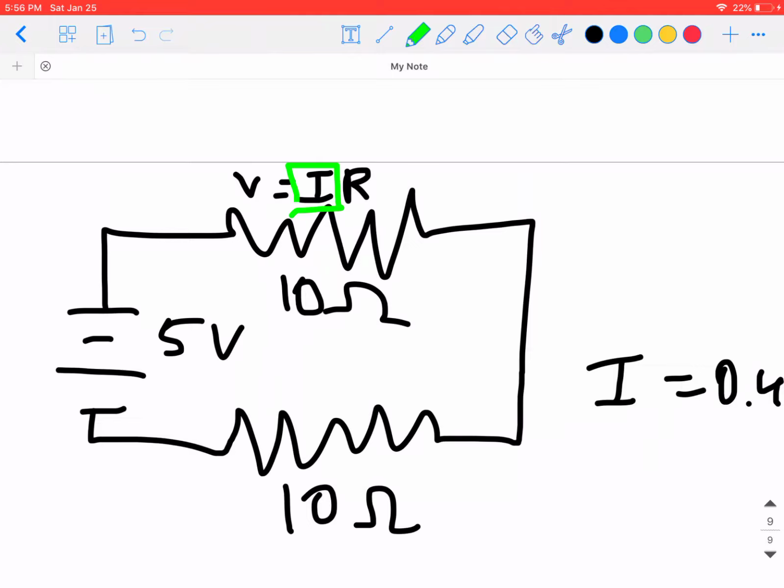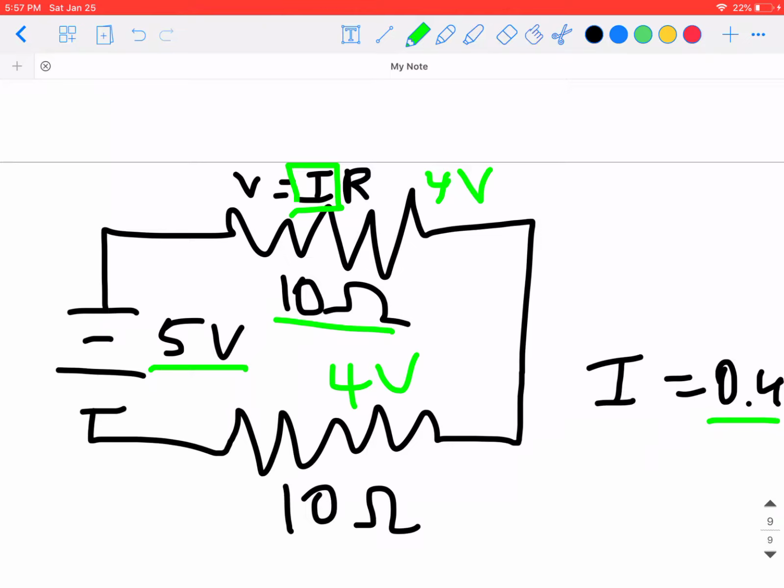That way you can do something like this. Notice how this is 5 volts. If our current is 0.4, and the resistor has a value of 10 ohms, well, 0.4 times 10 is just 4 volts. And if you look over here, 0.4 times 10 is also 4 volts. So let's see.